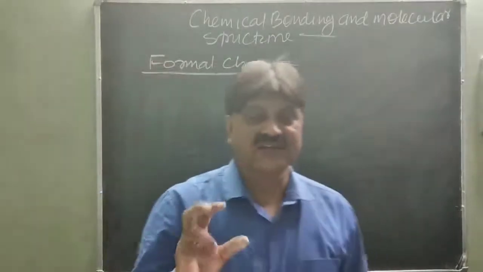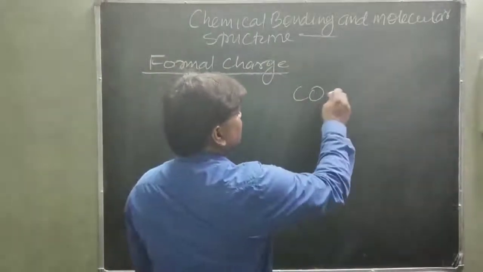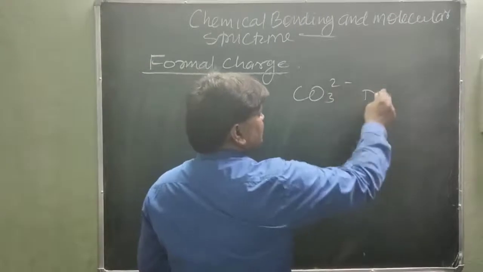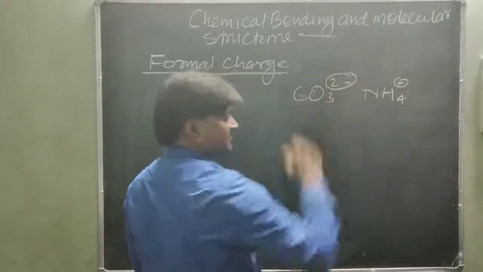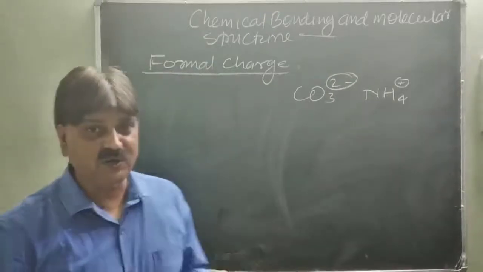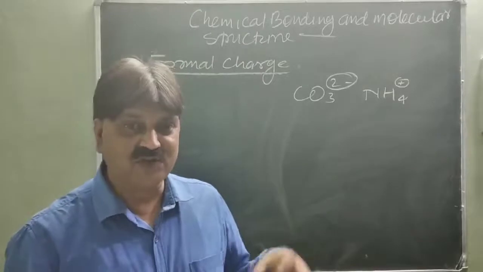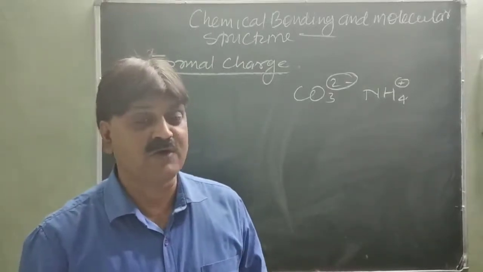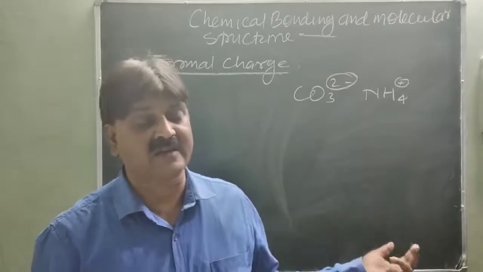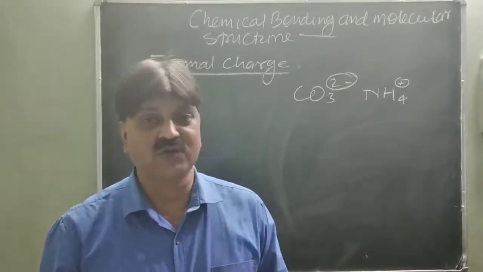Actually, in polyatomic ions, like carbonate CO3 2 minus and NH4 plus, you will see the charge is present on the whole ion, not on a particular atom. The positive or negative charge does not appear on a particular atom, but it is present on a particular atom in a molecule.